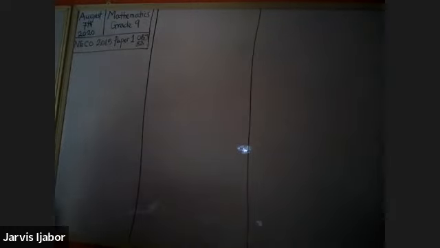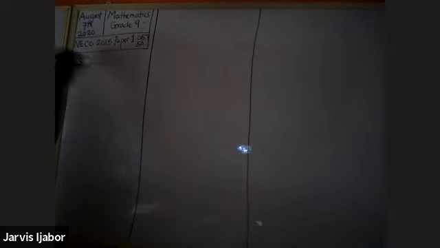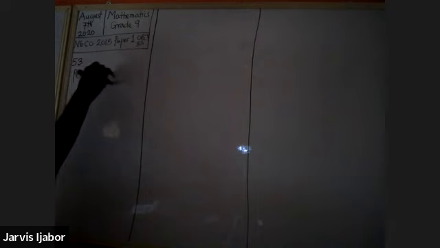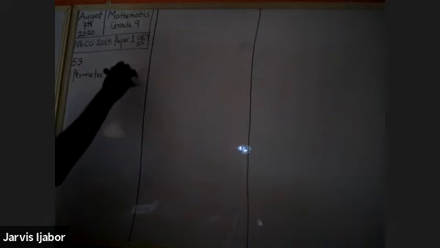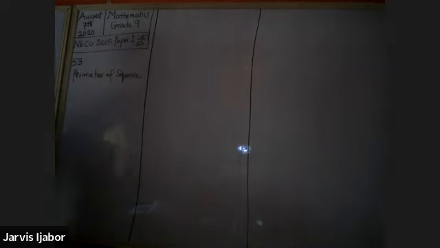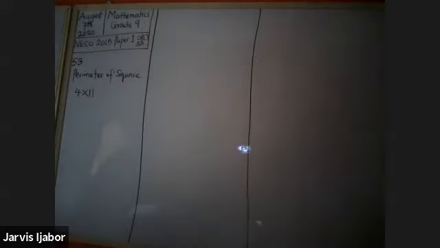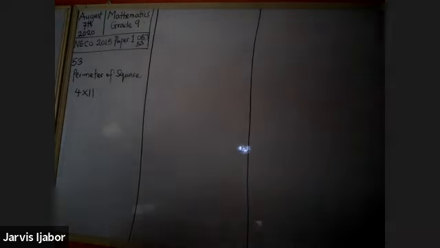So the perimeter of a square, because we know that for a square all the sides are equal, will be 4 times 11.